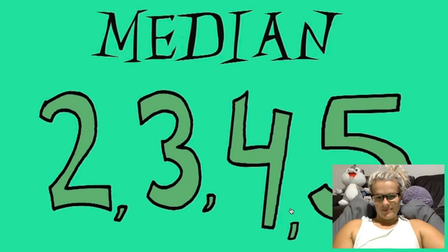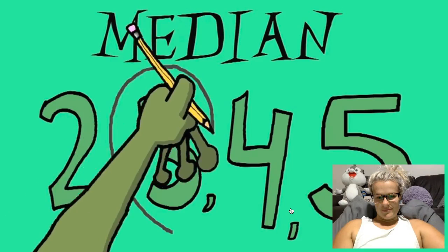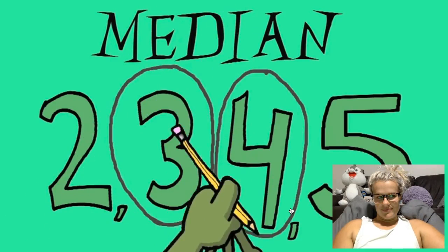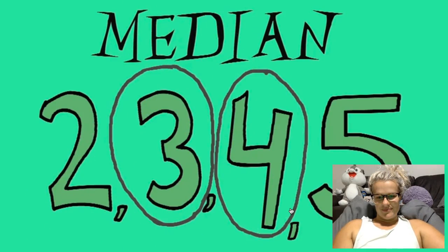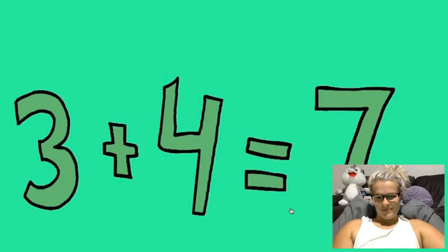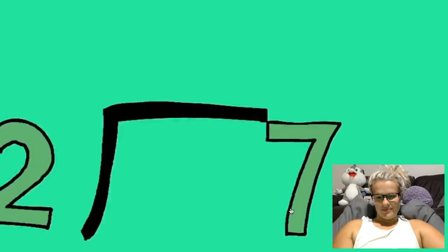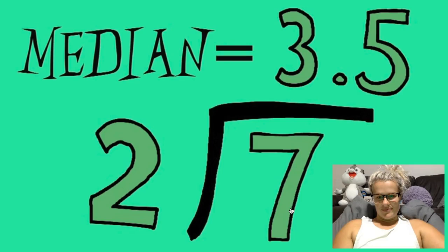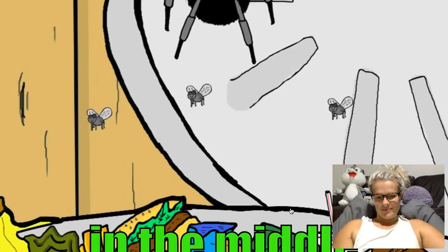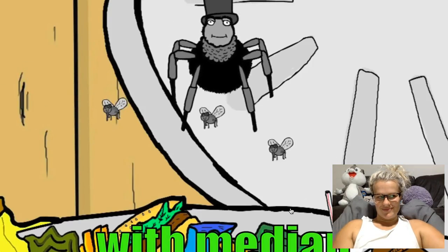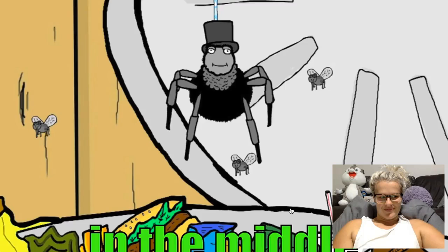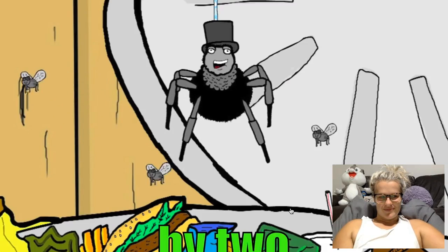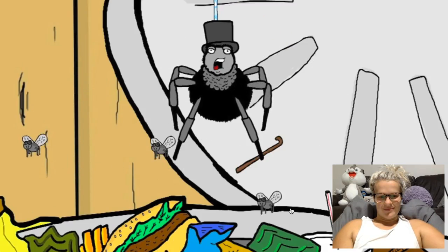There's an even amount of numbers. Circle the two numbers in the middle. Then, add those two numbers together and divide them by 2. In the middle for median. Circle the number in the middle, add and divide by 2. In the middle. Oh yeah.